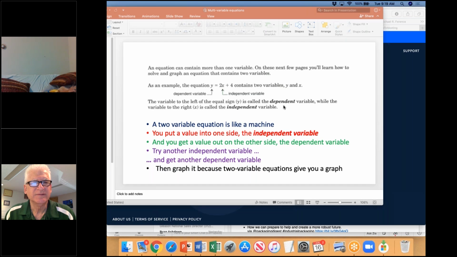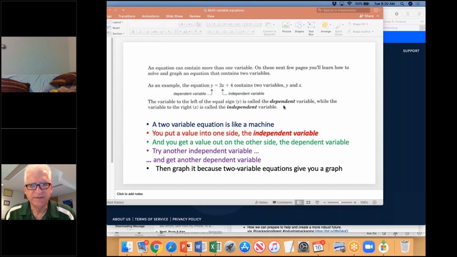So in this lesson, we're going to be working on equations that have more than one variable. And we're going to take a look at how to solve them after giving an explanation of what the two variables are. And then taking the ordered pair that comes out of solving for the two variables, making them into a graph.